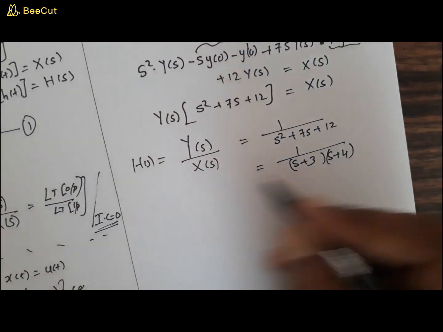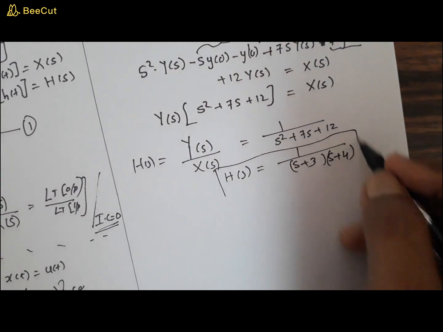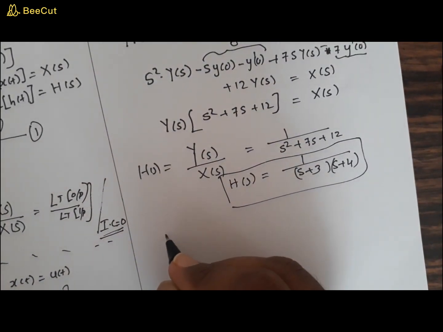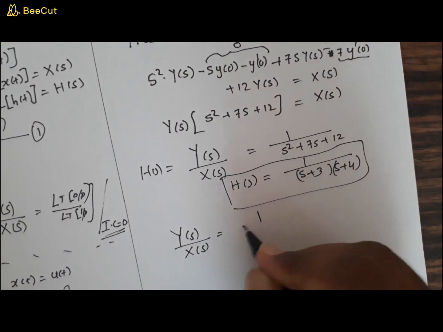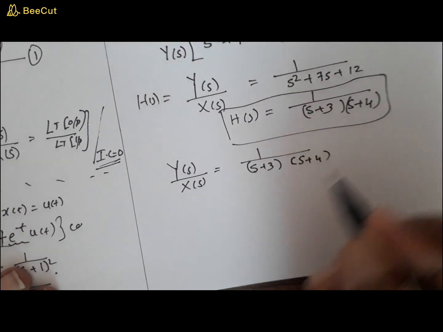So this is actually your transfer function. This is your H of s. What is the transfer function? Transfer function is Y of s by X of s, equal to 1 by (s plus 3) into (s plus 4).